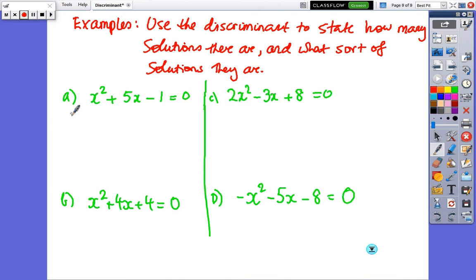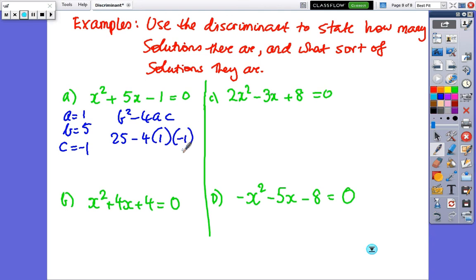So a equals 1, b equals 5, c equals minus 1. So b squared minus 4ac, b squared is 25, it's 4 times 1 times minus 1. A negative and a negative make a positive. 29. So there are two solutions, and they are irrational.